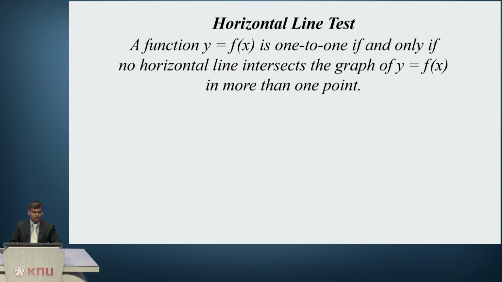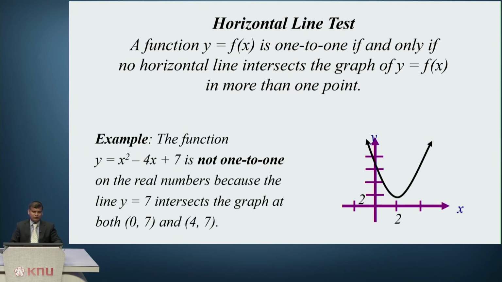As I mentioned before, we talked about the horizontal test as well as the vertical test. A function y equals f of x is one-to-one if and only if no horizontal line intersects the graph of y equals f of x in more than one point. Yes, can you recall that?